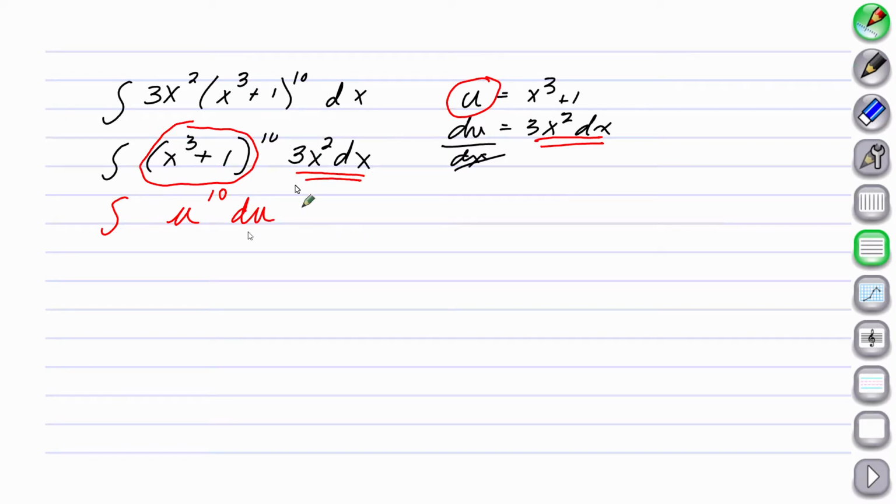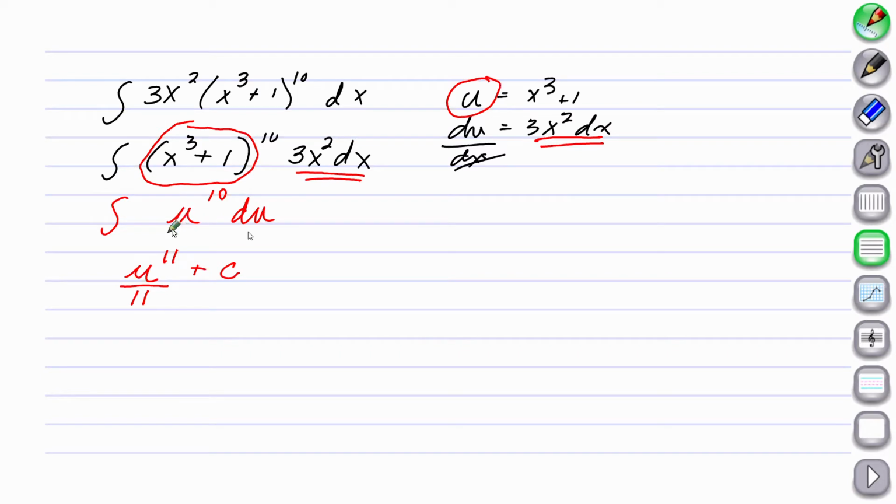So now I have this problem in terms of just a simple little tiny problem that I can solve using integration. This will be u to the 10 plus 1, which is u to the 11th over 11, and the du goes away, plus c, okay?